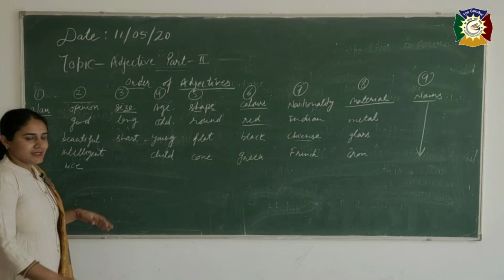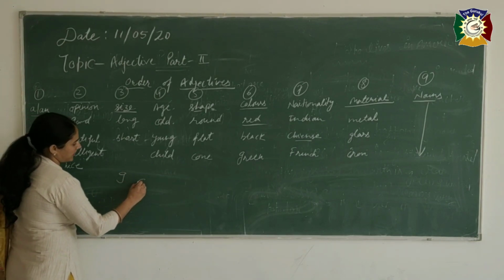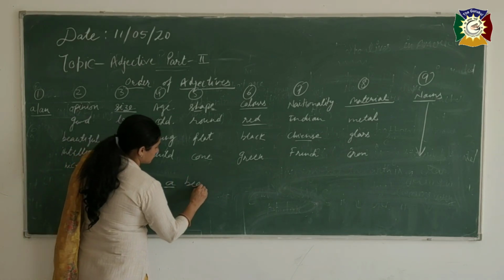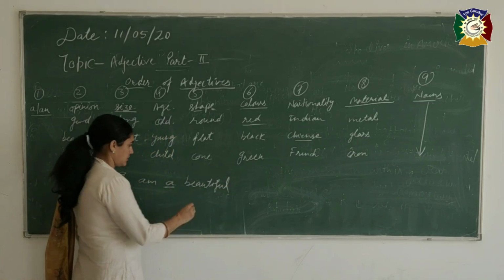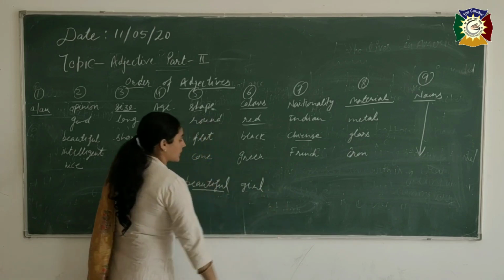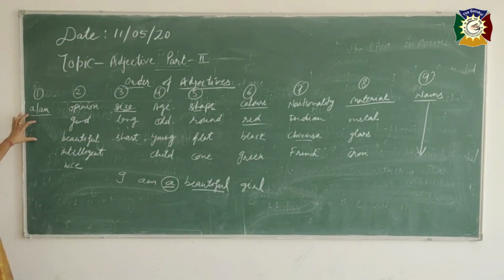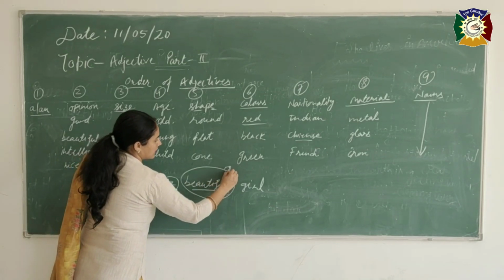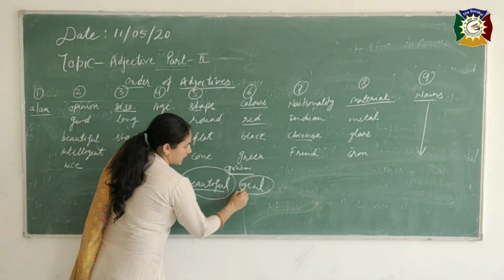Suppose I am writing a sentence here, so you have to focus here, dear students. I am a beautiful girl. We go with the article a or an, then beautiful, that is your opinion, and the last one is noun.